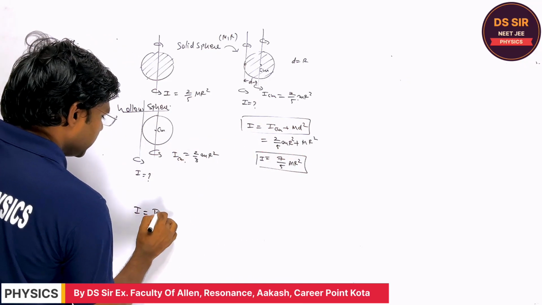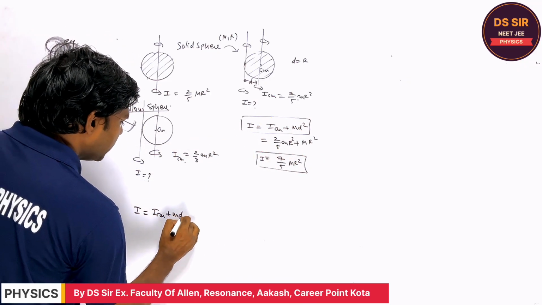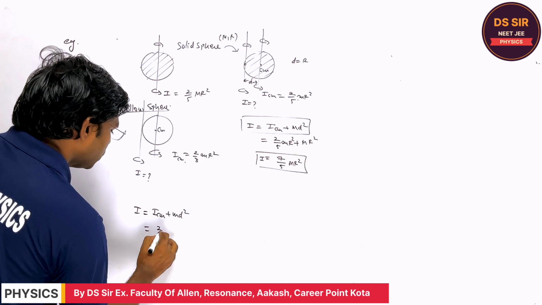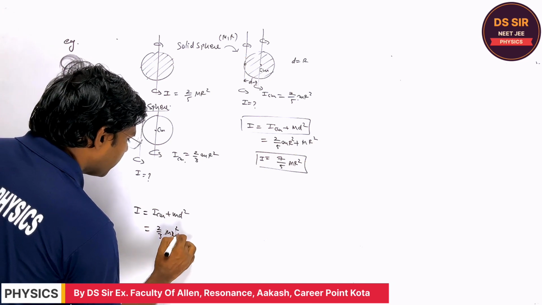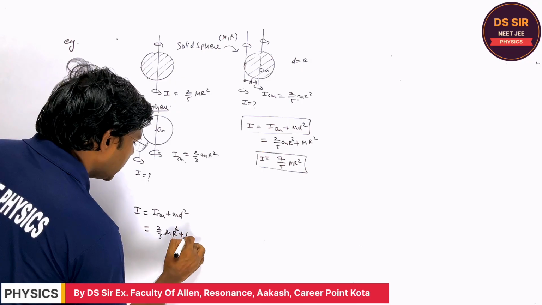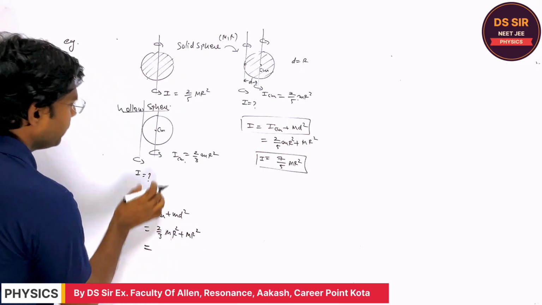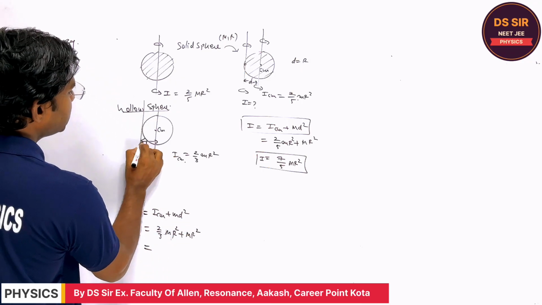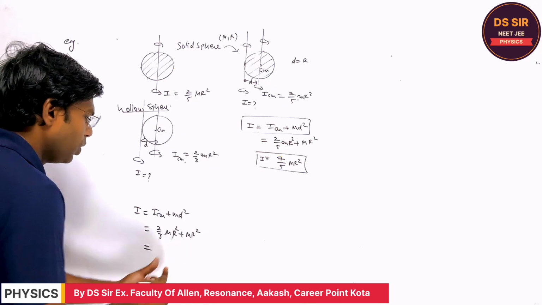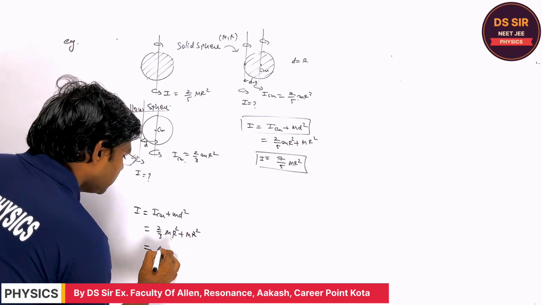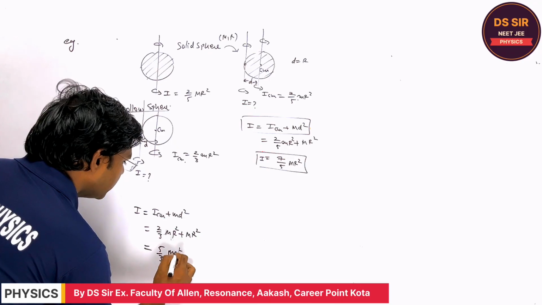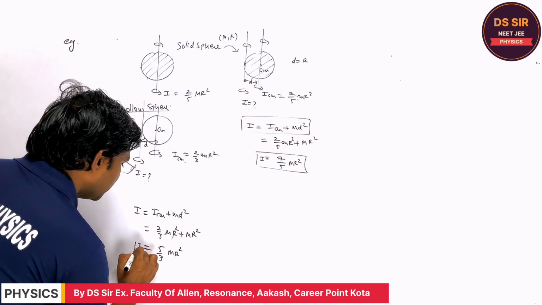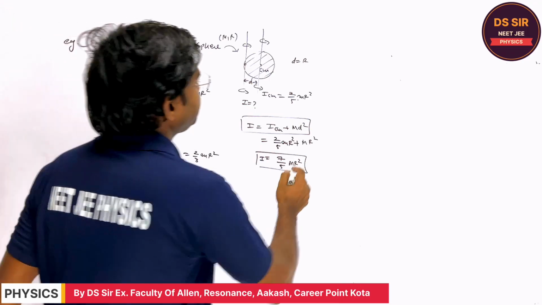I is equal to I_CM plus M into D square. So I_CM is 2 by 3 MR square plus MR square, because D is the distance between the two axes. So 5 by 3 MR square is the correct answer. Are you getting it or not?